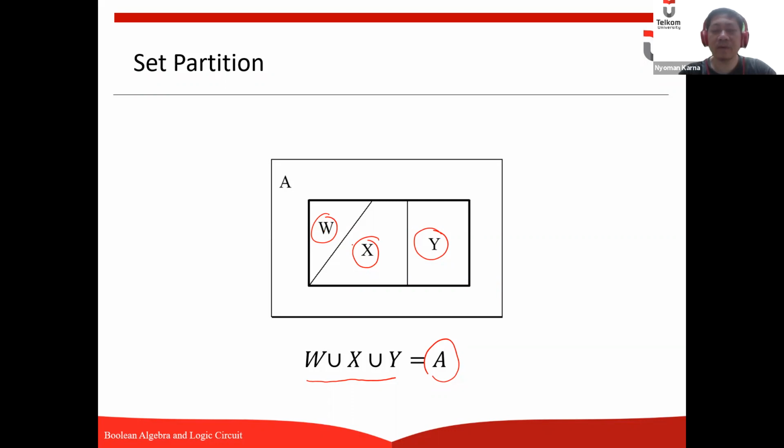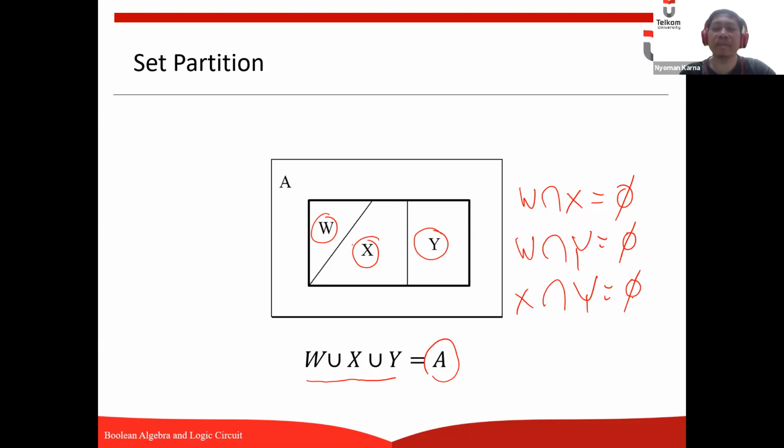So W, X, and Y are mutually exclusive because W intersect X is null. W intersect Y is also null. And X intersect Y is also null. So that's when we call W, X, and Y the partition of A.